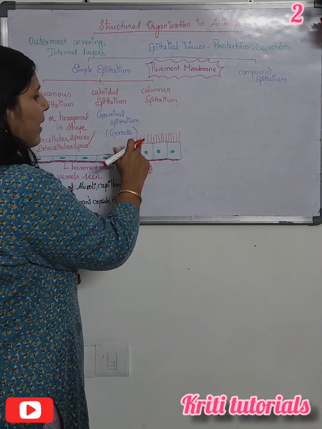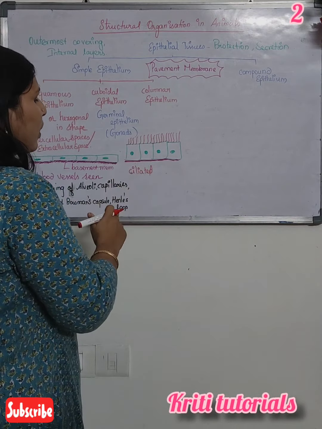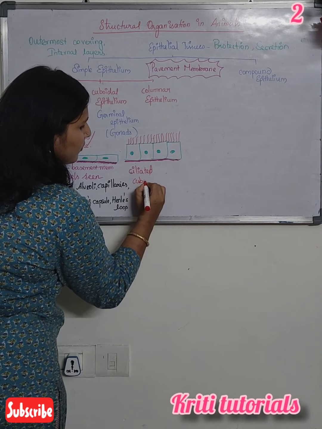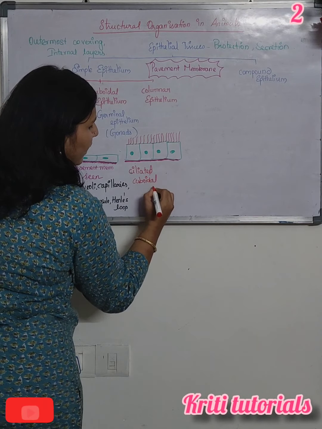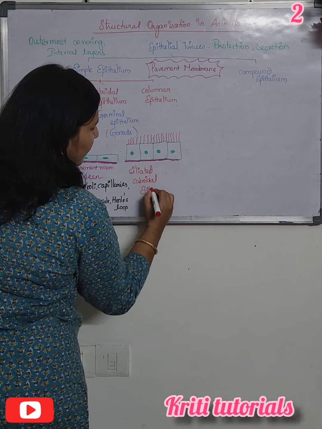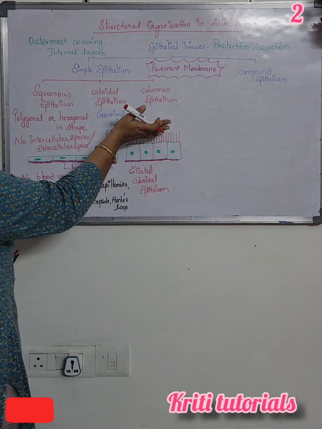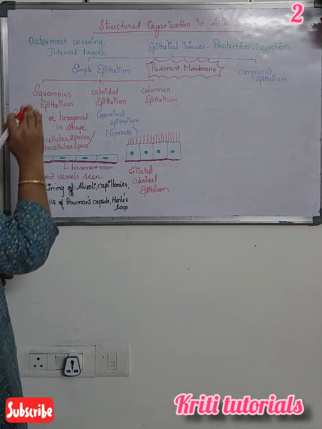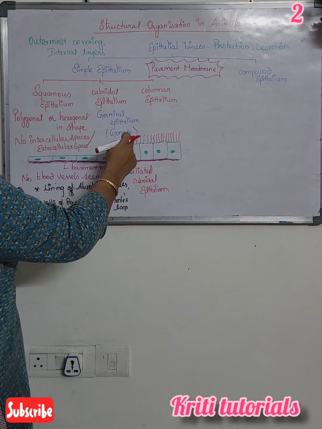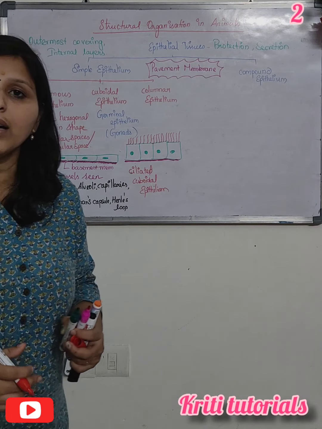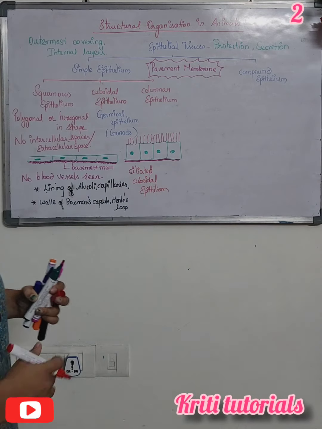If there are hair-like substances seen in the free space, we call it ciliated cuboidal epithelial tissue.